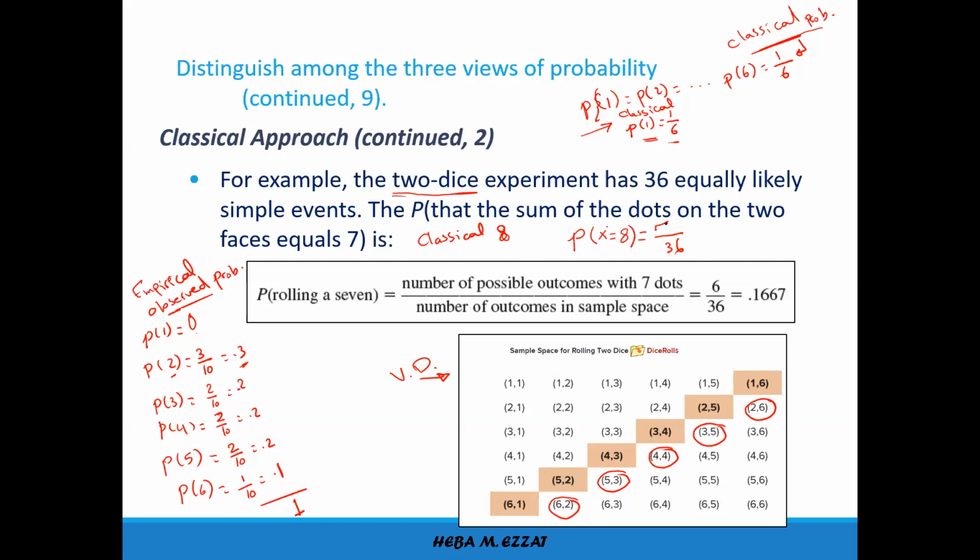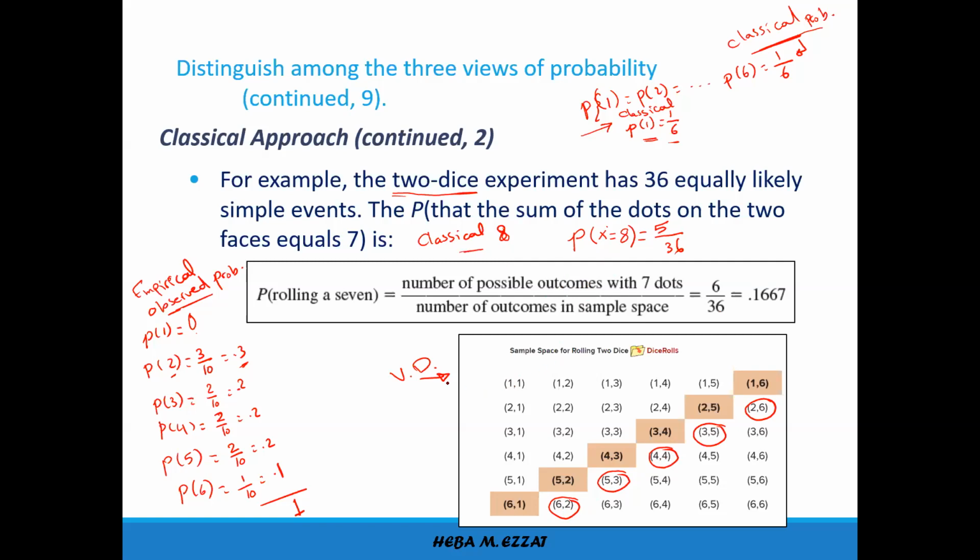So we would divide 5 by 36. This is the probability of getting an outcome equal to 8. And this is called the classical probability. Why is it classical?